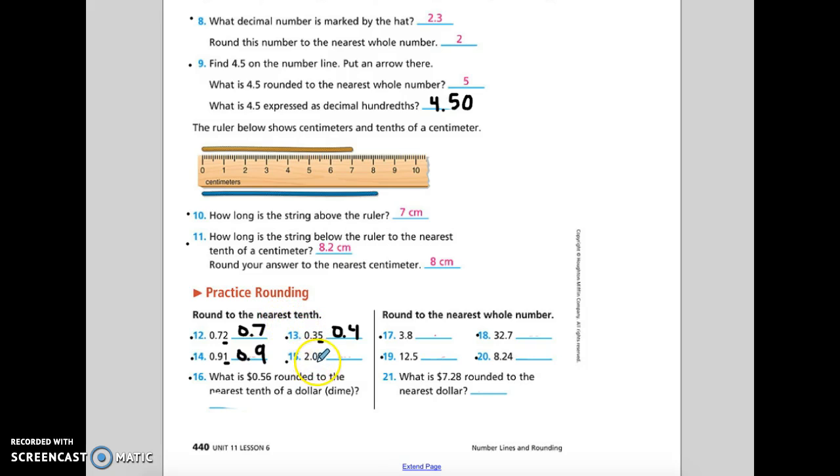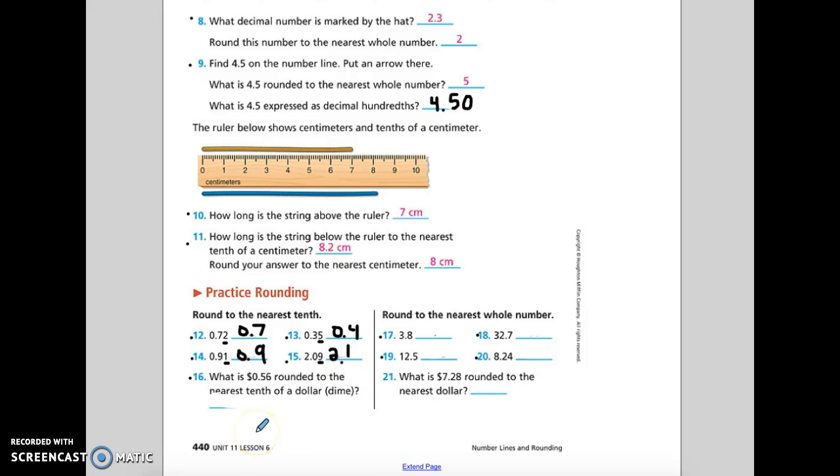So again, I find my tenth spot, which is right here, this 0, and I look at the number right behind it, which is this 9. Now 9 is definitely above 5, so I get to round this number up. Okay, so I end up with 2 and 1 tenth.